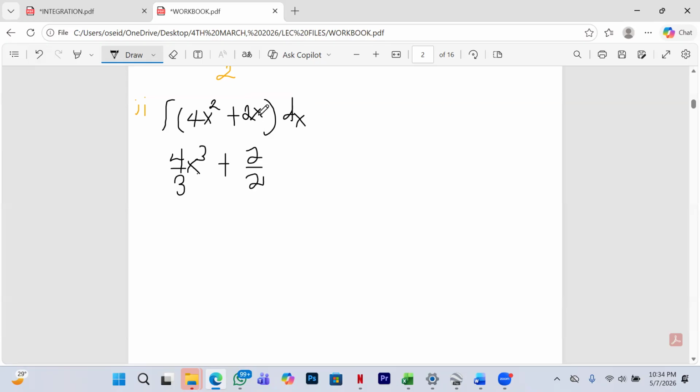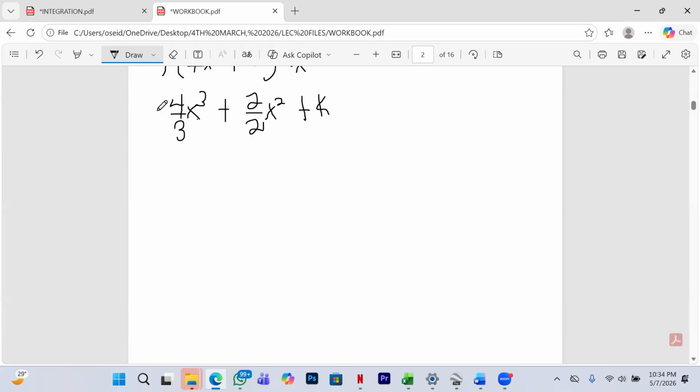Why 2? Because the power here is 1. When we add 1 to it, it becomes 2, times x power 2, plus our constant k. Don't forget the constant. If you forget the constant, all the work that you've done is in vain.